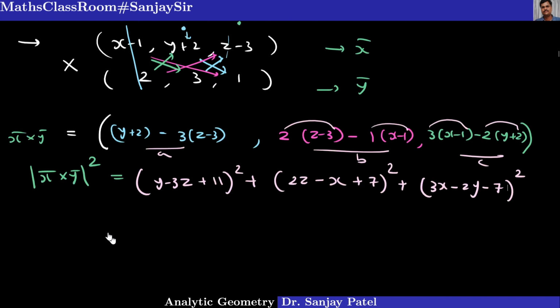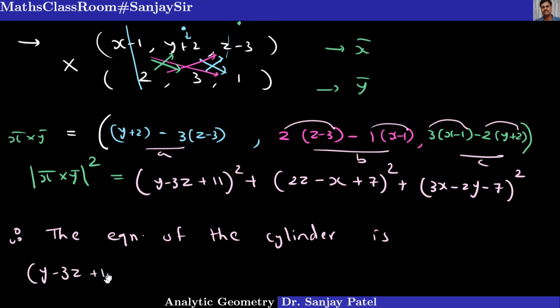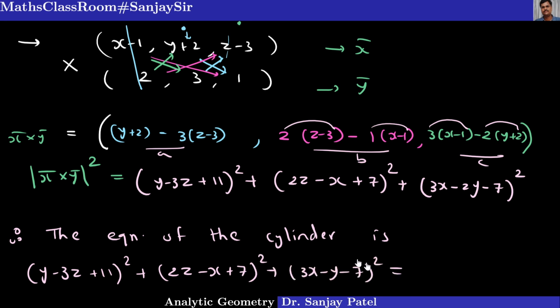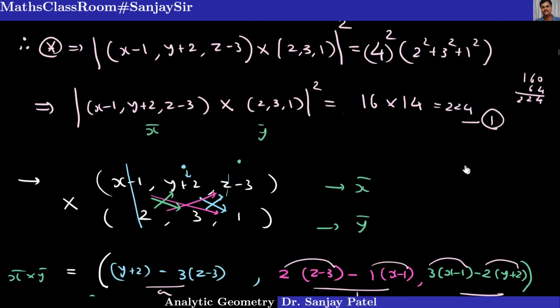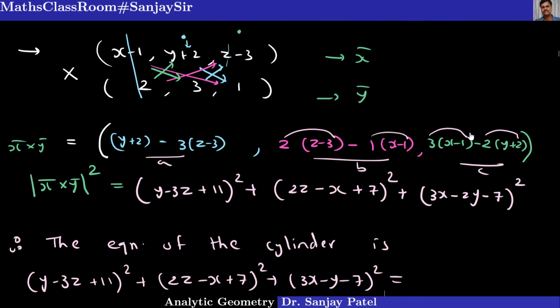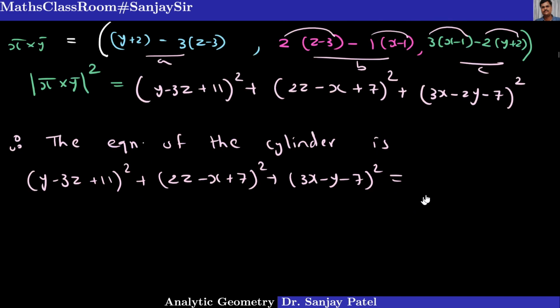So the final answer, therefore, the required equation of the cylinder is this thing: y minus 3z plus 11 square plus 2z minus x plus 7 square plus 3x minus y minus 7 square is equal to what was the right hand side here in 1? It is 224. Yes. So final answer is this is equal to 224. Okay.